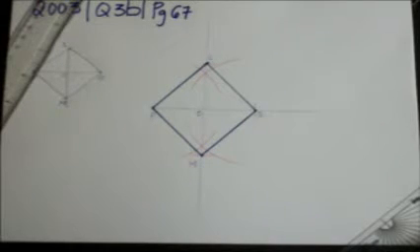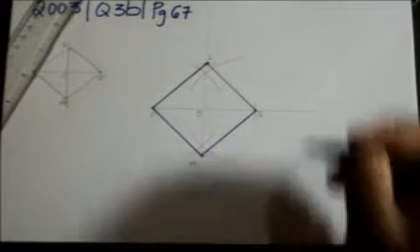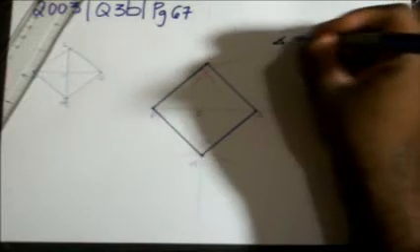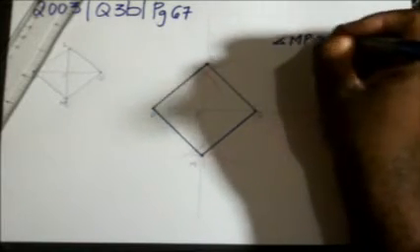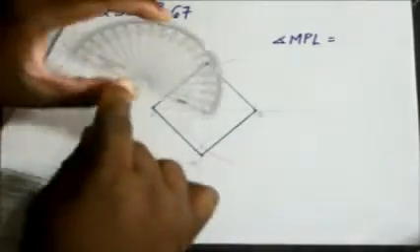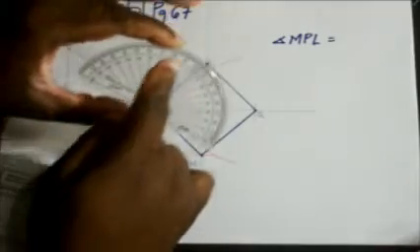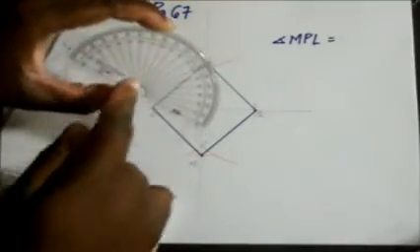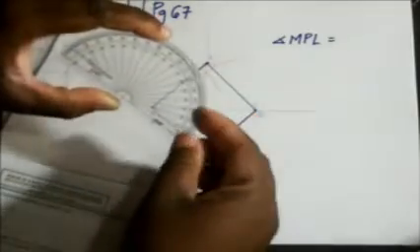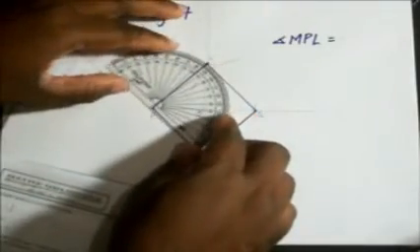Now, next we're asked to measure angle MPL. So let's do that. Measuring angle MPL, where the vertical line of the protractor, that's where the 90 degree is, intersects that horizontal baseline, we're going to put that point at the vertex of the angle that we're measuring.